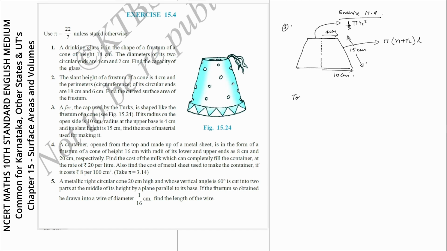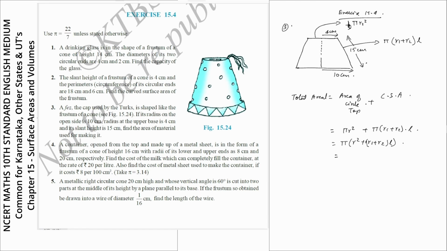Total area is equal to area of circle, that is top, plus curved surface area. Area of circle is given by pi r square and curved surface area is given by pi into R1 plus R2 into L. So this is equal to, now I can take the common factor pi. So R2 square plus R1 plus R2 into L.